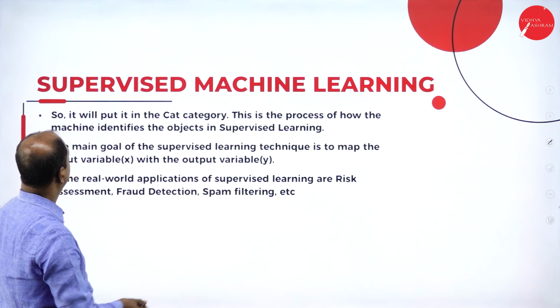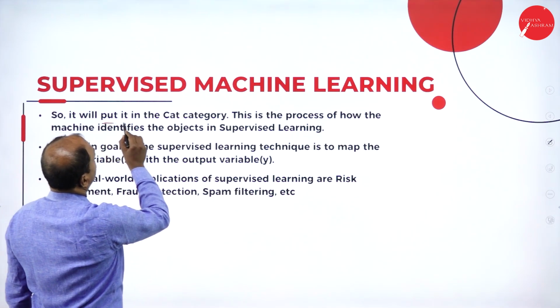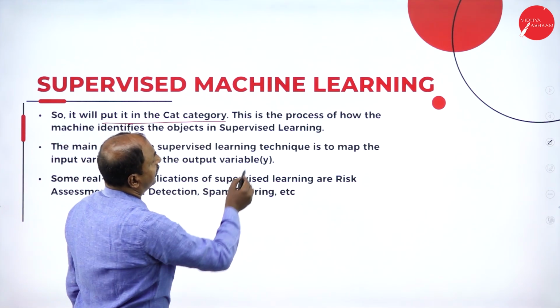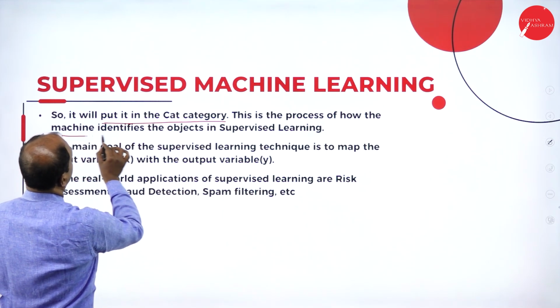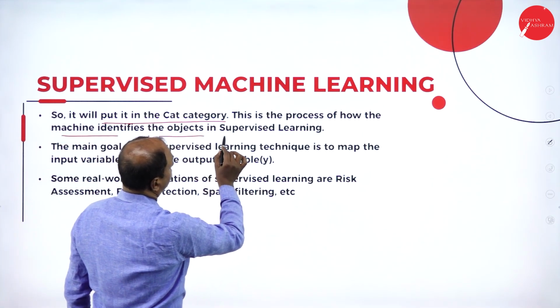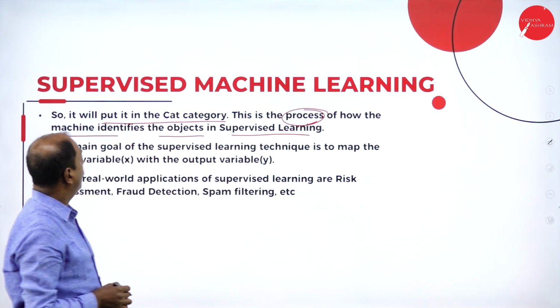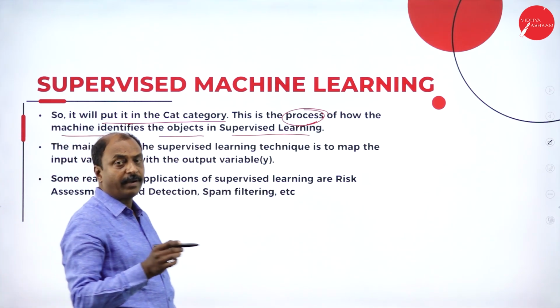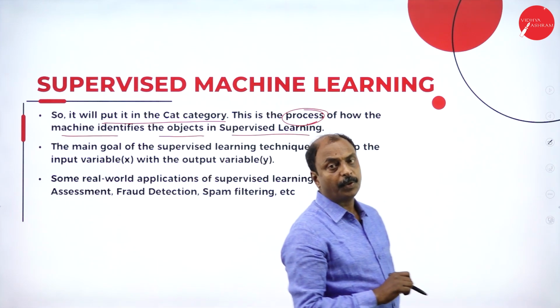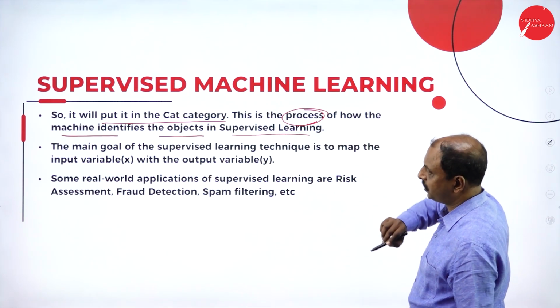In the next slide, it will be put in the cat category. This process shows how the machine identifies the object in supervised learning. So what is supervised learning? It is the process by which the machine identifies a particular image with the help of the data set in the system.